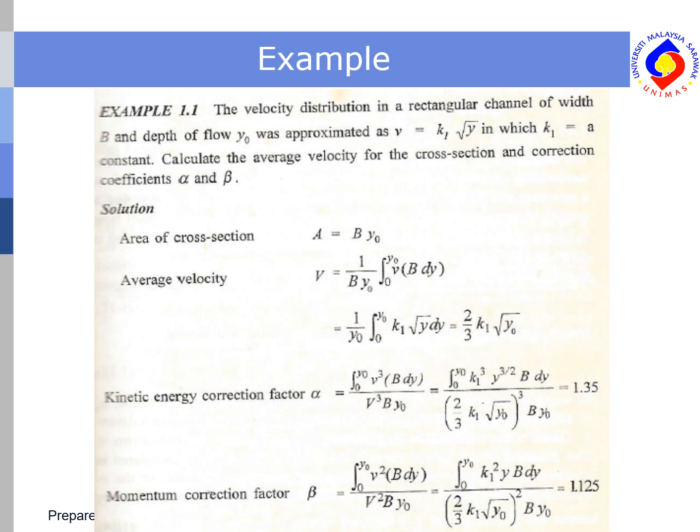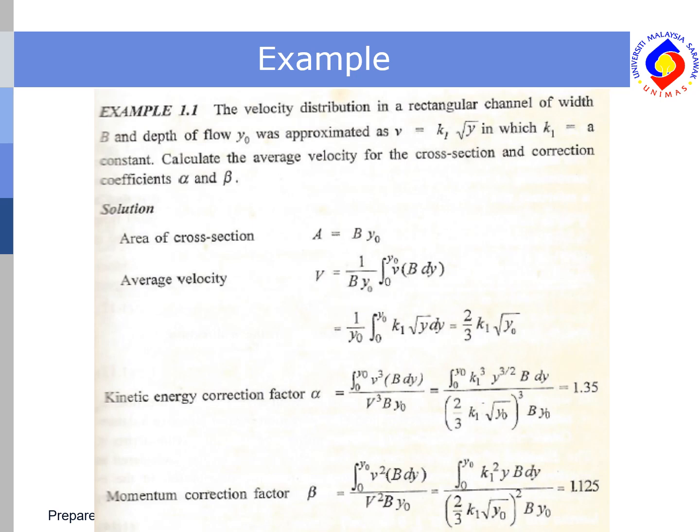Since this is a rectangular channel, the area of cross-section is given as A equal to b y0. Then the average velocity is given as you have seen previously in equation 1.3.